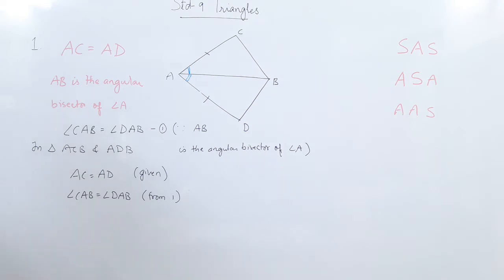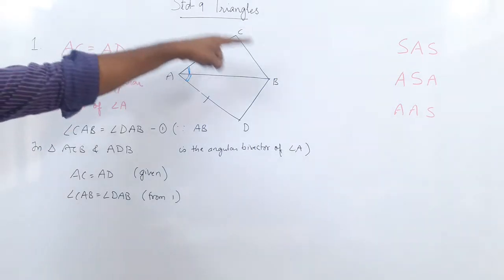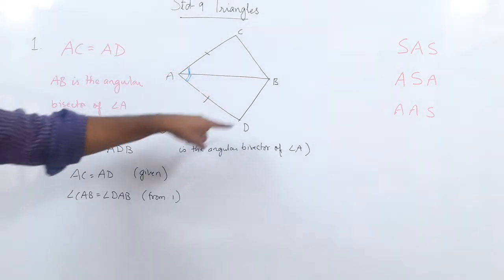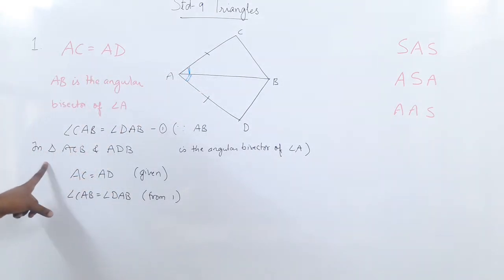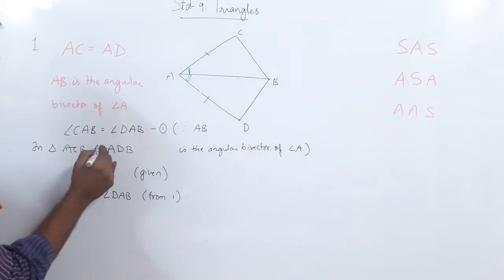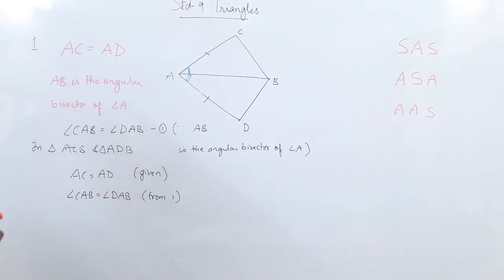But when I start the sum, the first thing I need to write is which triangles I am taking. So I am taking triangle ACB, one triangle, and triangle ADB. So in triangle ACB and triangle ADB, I am comparing these two triangles. Okay? So I have to write here, which triangles? Triangle ACB and triangle ADB.